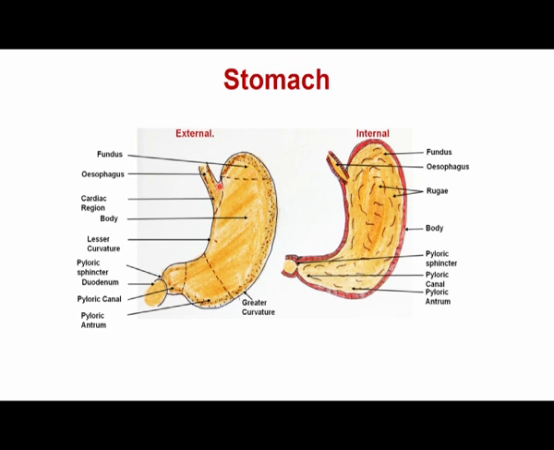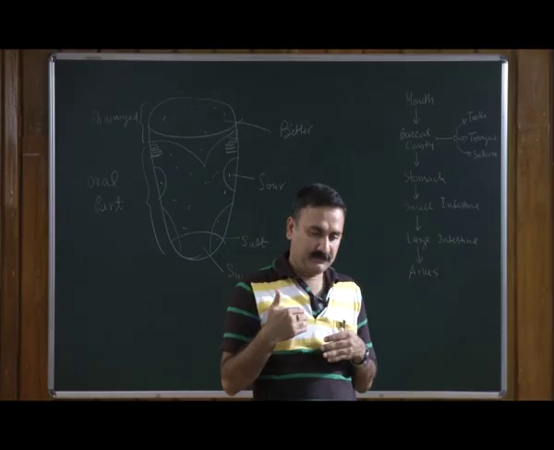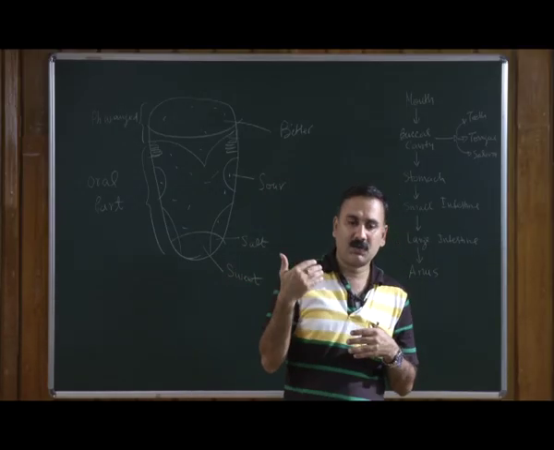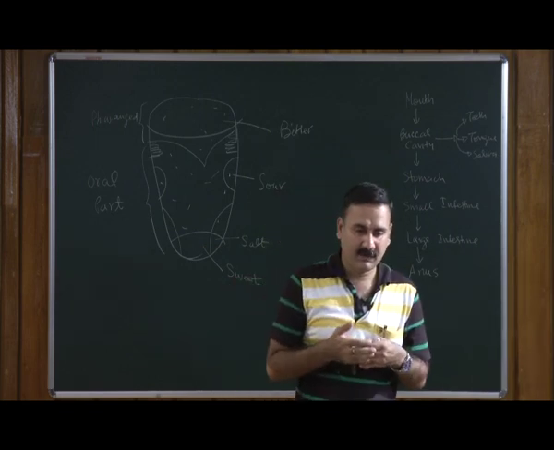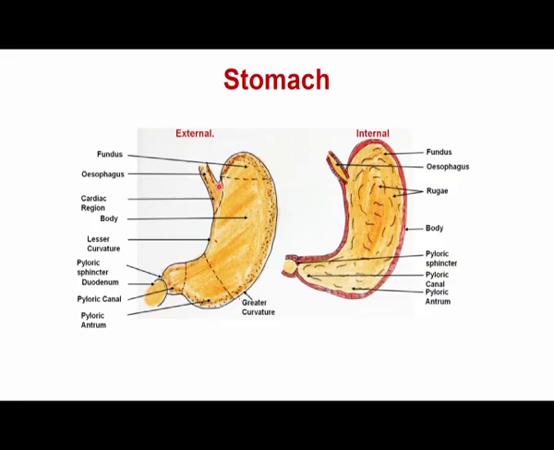This cardiac portion interacts with the oesophagus, and it controls the passage of food material between the oesophagus and the stomach.